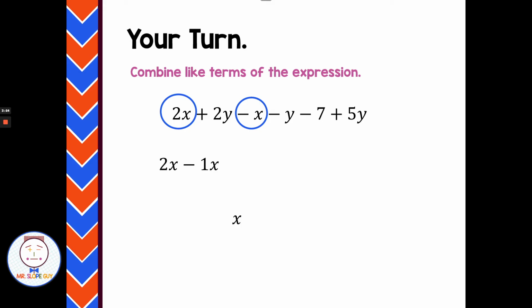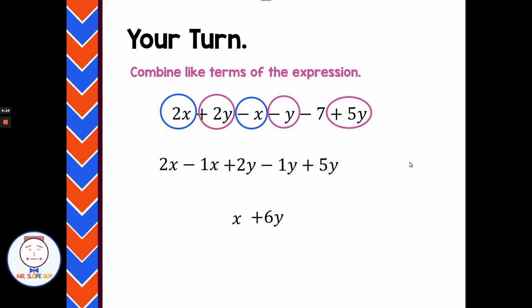And then alphabetically, I'm looking for my next variable. My next variable, I have a plus 2y, a minus y, and a plus 5y. So if I take these two at a time, if I combine my 2y and negative y, or I add positive 2y and negative 1y, I get y. And y plus 5y would give me 6y's. Then I have this constant of negative 7 without a variable.